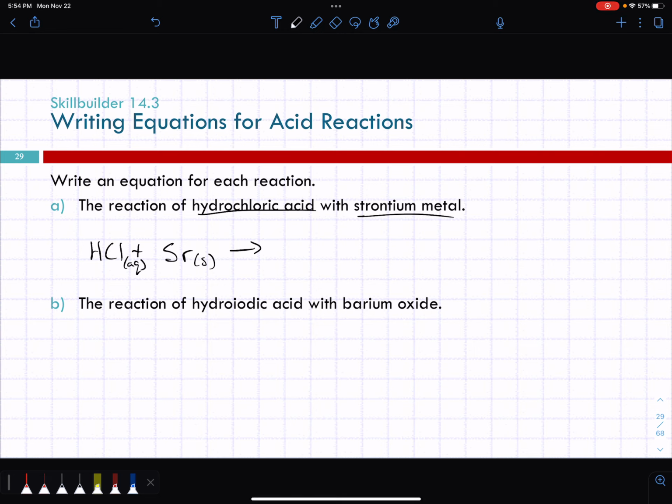So if we're reacting with a pure metal, we're going to get hydrogen gas plus, what's the other thing that we get? Strontium chloride. Strontium 2+, yeah. So then we need to balance this. We have 1 hydrogen, 2 hydrogens. So if we put a 2, that'll cover our hydrogen and our chloride.